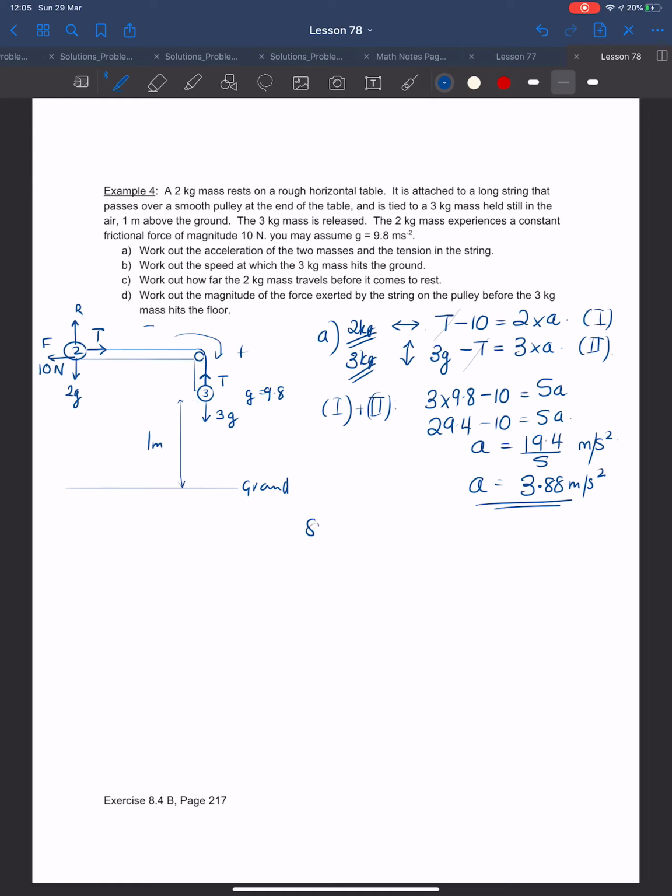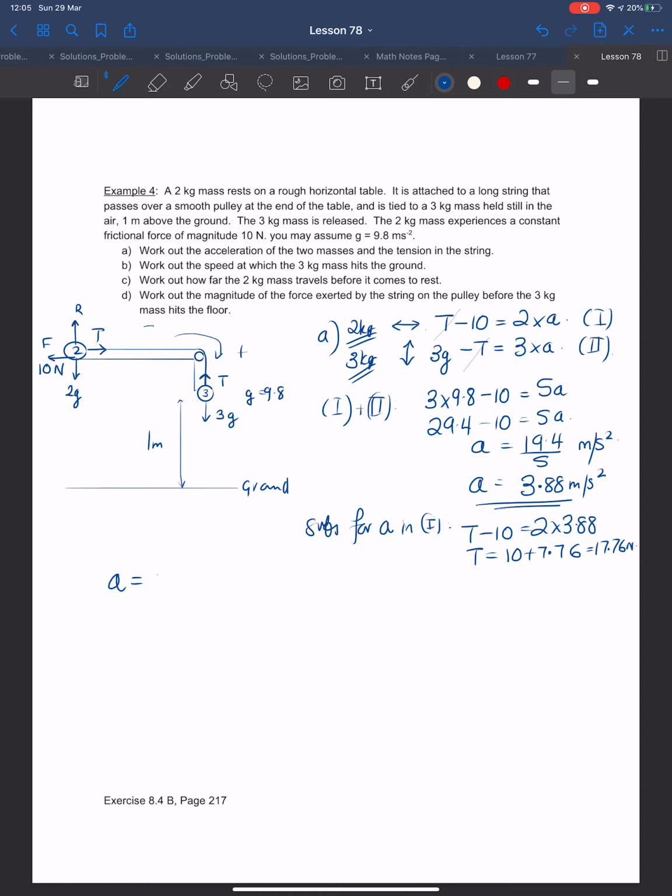And then if we substitute for a in say 1, we get T minus 10 is 2 times a, which is 2 times 3.88. So T is 10 plus 7.76, 17.76 newtons.